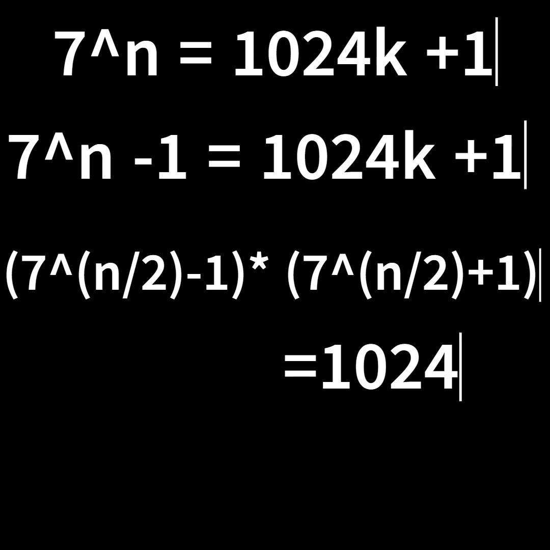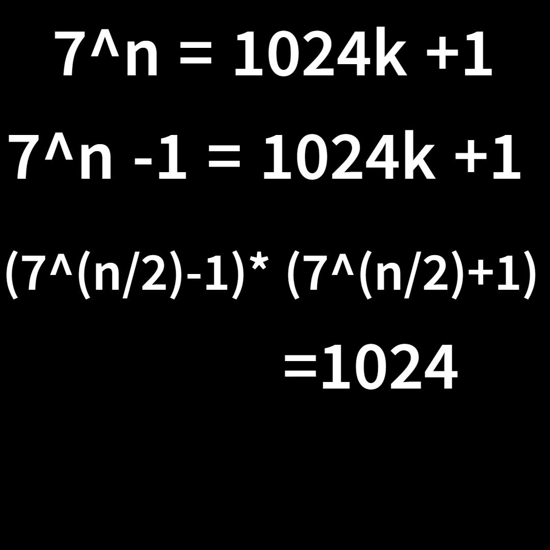A property of numbers says that 7 raised to power n equals 1024 times k plus 1, or in general, p raised to power n equals m times k plus 1 for any numbers p and m.